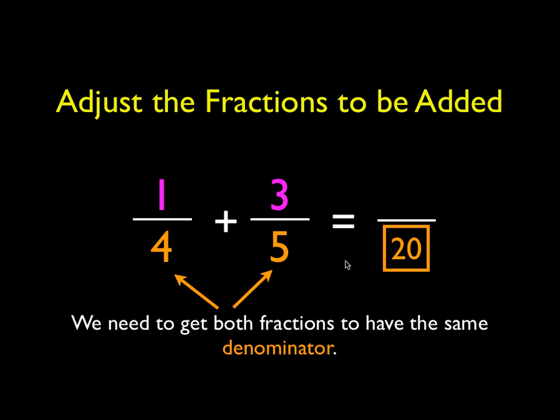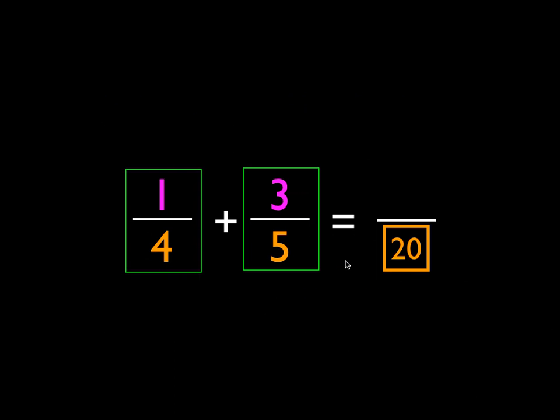Okay, so what you should do is visualize that we are going to do something to the fractions in a way that gives us equivalent fractions, except that 20 will be in the denominator. So we're going to draw some green boxes around these fractions so that we keep track in our mind that we're not really changing these fractions, we're just multiplying them.